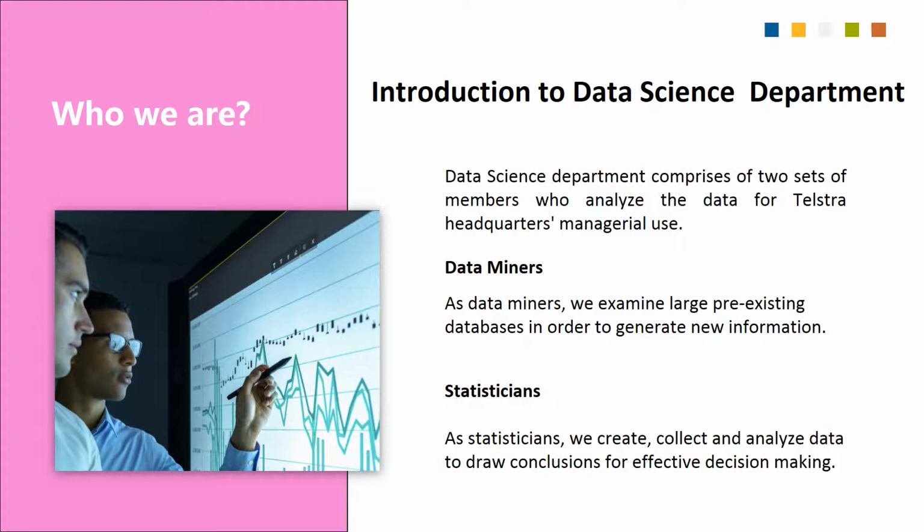For this task, our team is divided into two groups, namely data miners and statisticians. The function of data miners is to examine large pre-existing databases in order to generate new information. Further, the role of a statistician is to create, collect, and analyze data to draw conclusions for effective decision making.